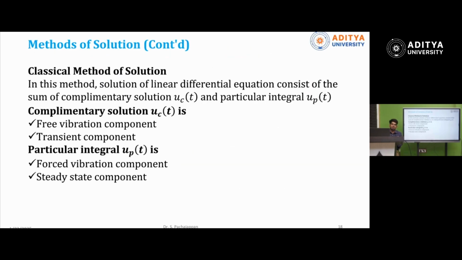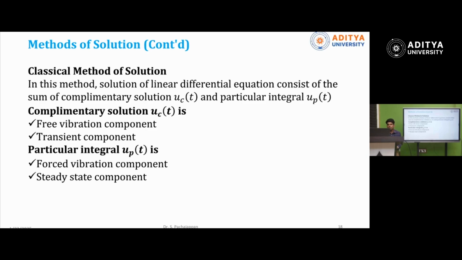The classical method of solution is pure mathematics. It comprises the complementary function and then the particular integral. If the system is not having any externally applied force, then the complementary solution alone is enough to solve the problem. If the system has an externally applied force also, then the particular integral also will come into the picture.